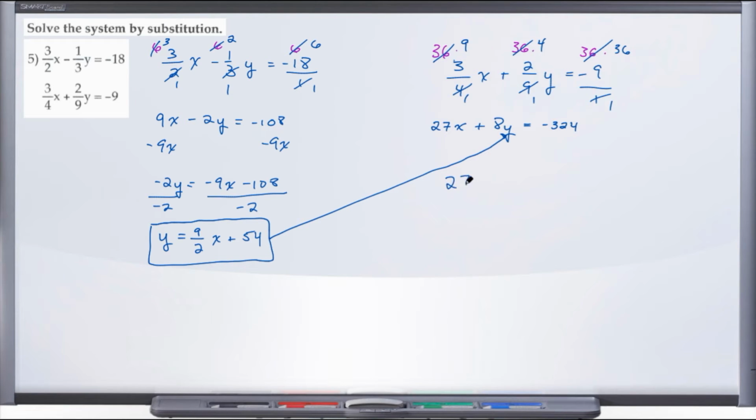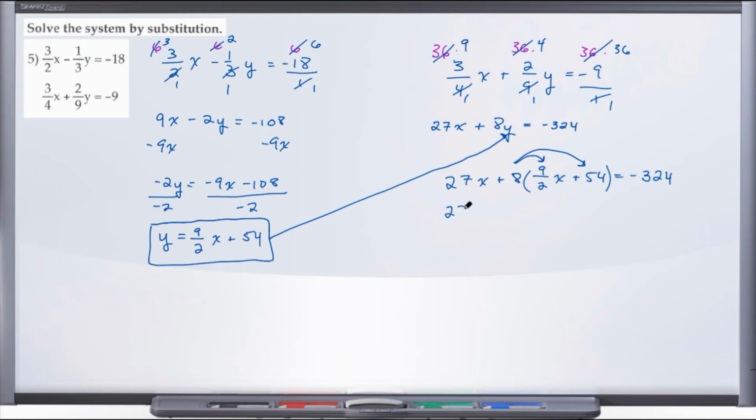So we have 27x plus 8. Now we're going to plug in our value for y, which is 9 over 2x plus 54 equals negative 324. And now let's go ahead and clean up the left side, and we're going to distribute this positive 8 through.